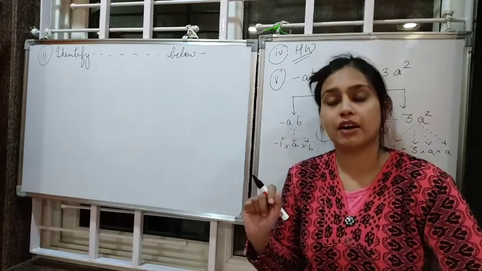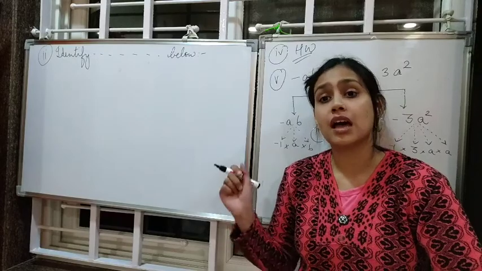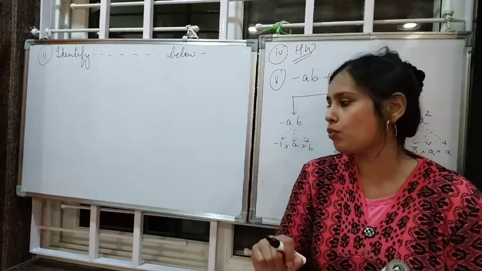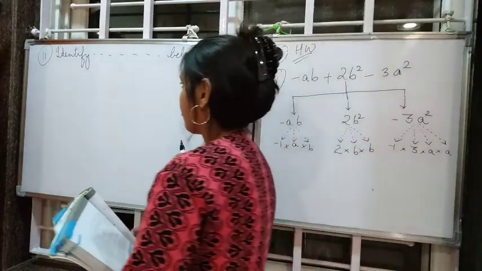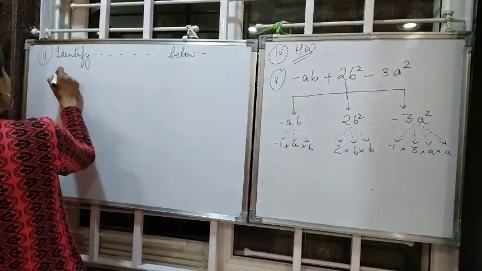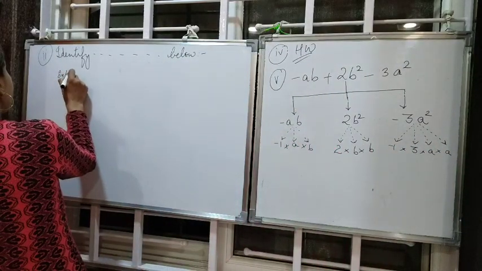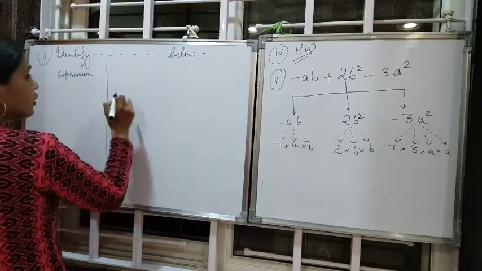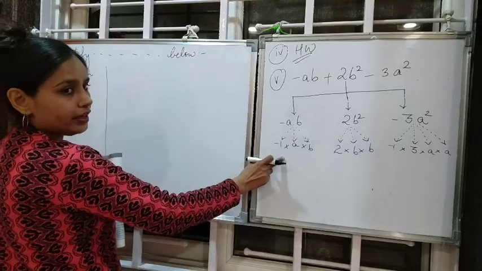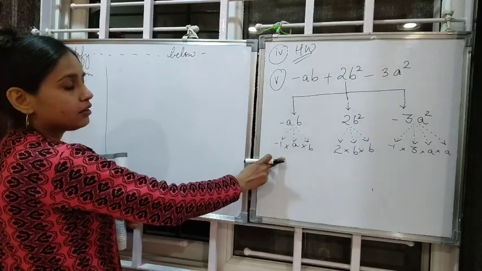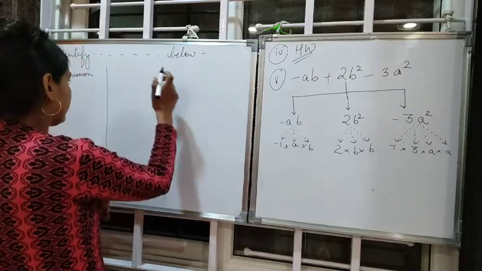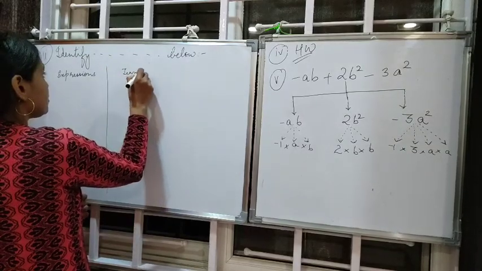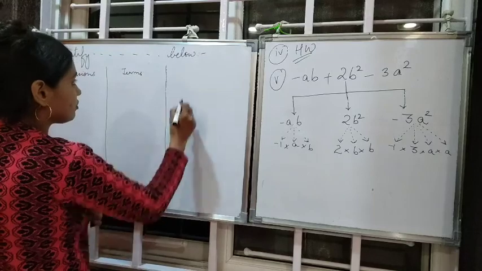So we have to find out what are the terms and what are the factors. Very simple. We make a small table. Here we make a table where we write the expressions, the terms and the factors, because here we don't have to make the tree diagram, right?